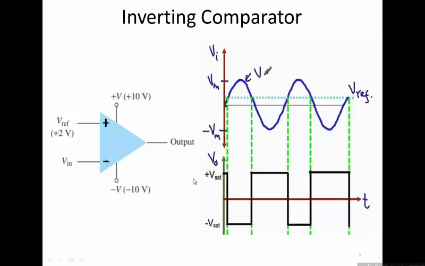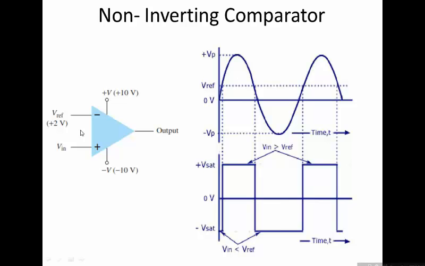First of all, we start with an assumption. Let me start with the point where the input is at 0 volts and the voltage at the negative terminal is plus 2 volts.